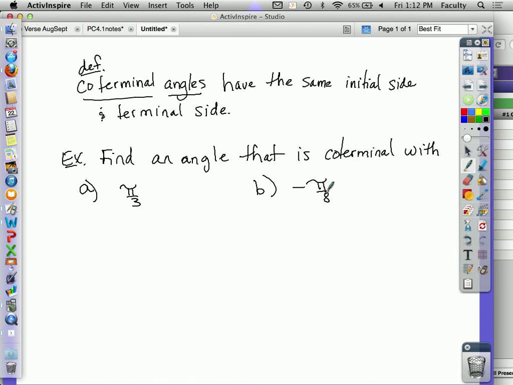Okay, so let's think about this a minute. Let me think about pi over 3. Here's pi over 3. A coterminal angle will have the same start and stop.